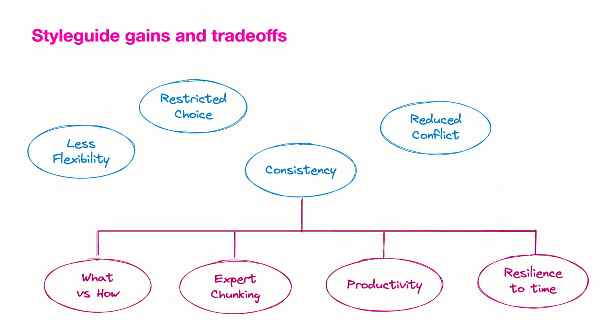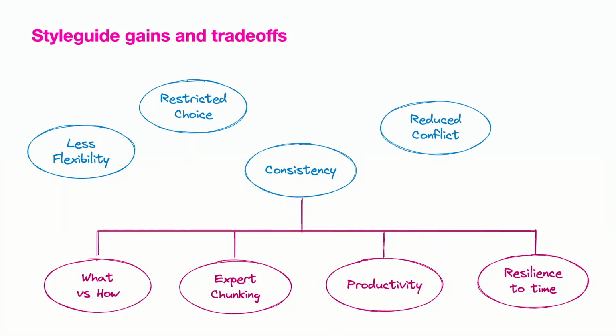If we have a style guide in place, what do we gain and what do we lose? The individual engineers lose flexibility because their choices are restricted. However, we gain consistency. Consistency enables engineers to focus on what to test rather than how to test it. Consistency also results in expert chunking when we have a consistent way of structuring tests.